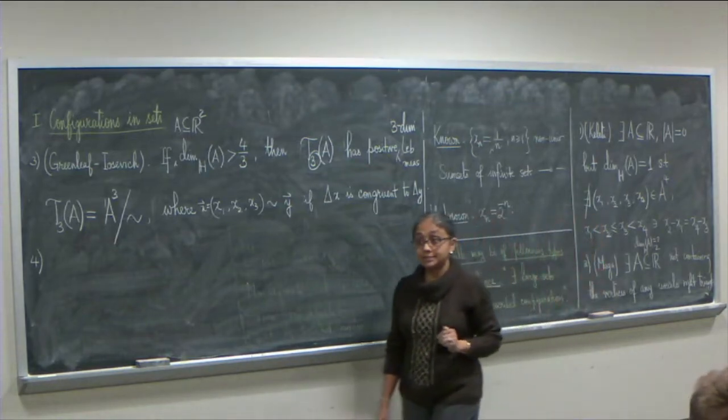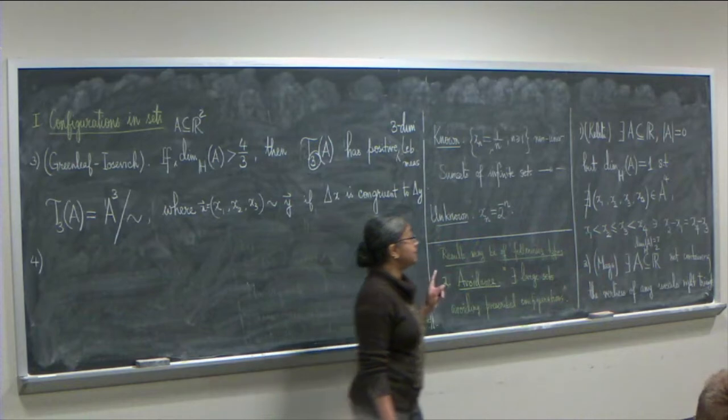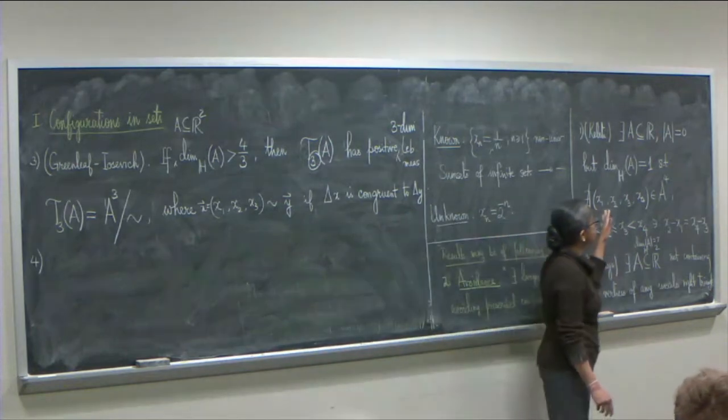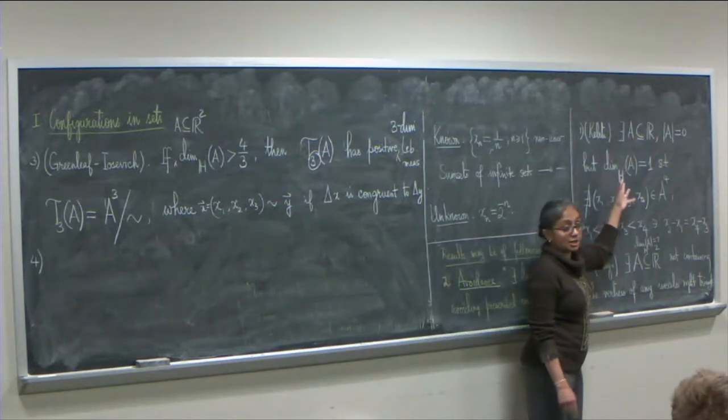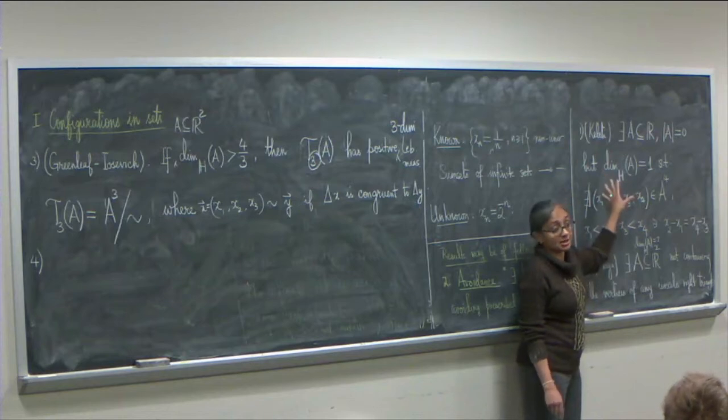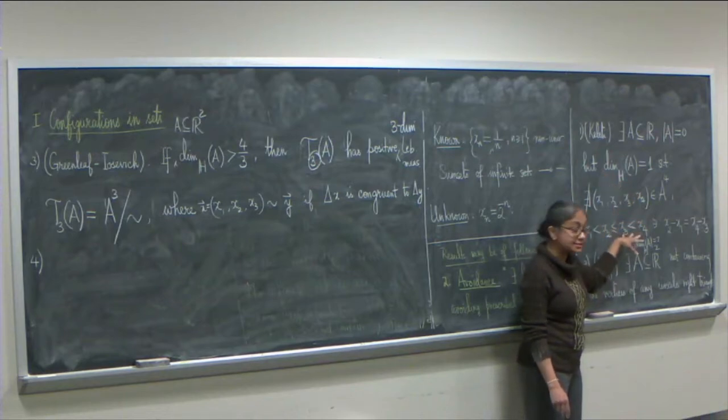I'm hoping, let me see how I'm doing on time. I'm hoping that I'll be able to at least give you one construction, maybe Keleti's first construction, that gives you a flavor of what goes behind such things.